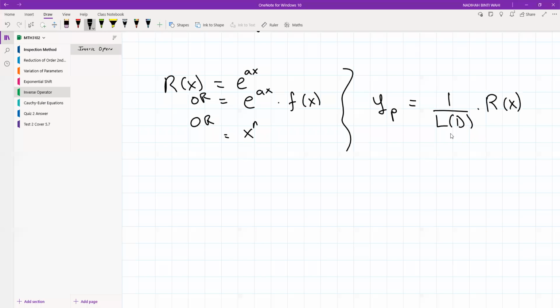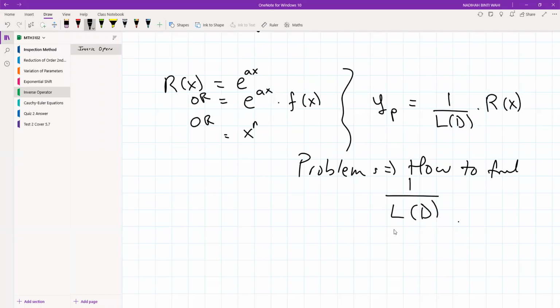Okay, and then masalah dia adalah problem is how to find one inverse L of D. Yang tu saja problem dia.